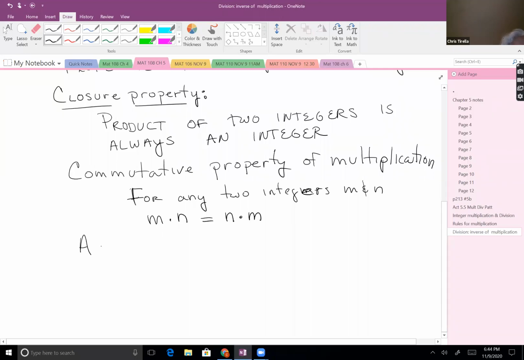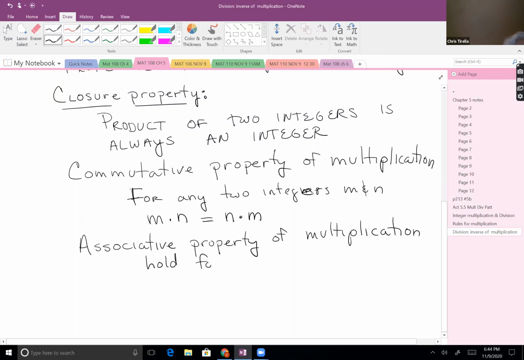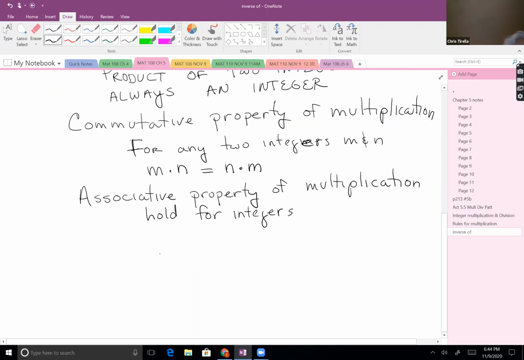Likewise, we'll show that the associative property of multiplication holds for integers. So we could say that m times n times some other integer p is equal to m times n times p.